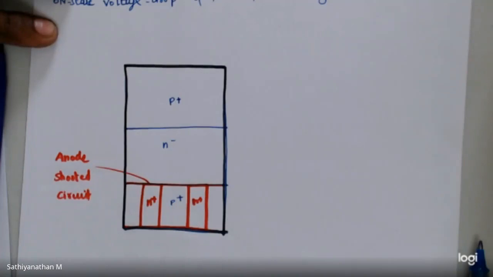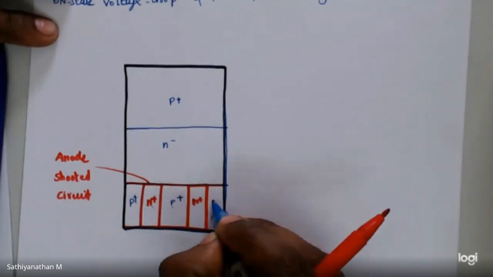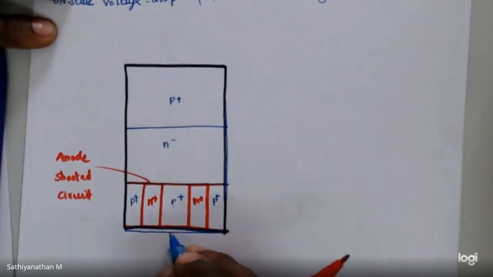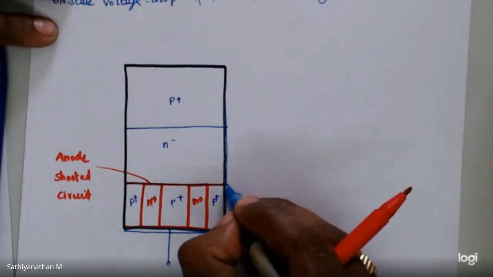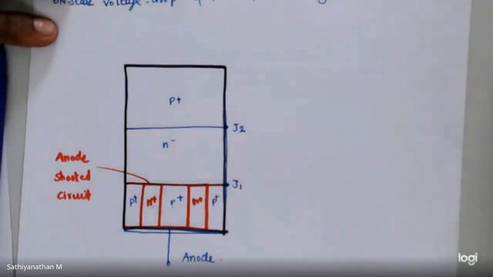It means we are able to inject holes or current through this layer. That is the meaning of anode shorted. The other regions remain the same: P plus, N plus, P plus, N plus, and again P plus. This layer forms your anode. This junction is J1 and this is junction J2.